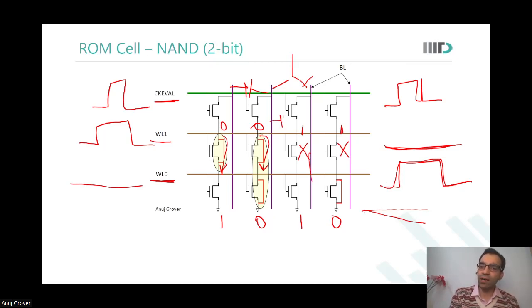Coupling is happening, right, Raghav? What happens in coupling? Two wires were running close to each other.